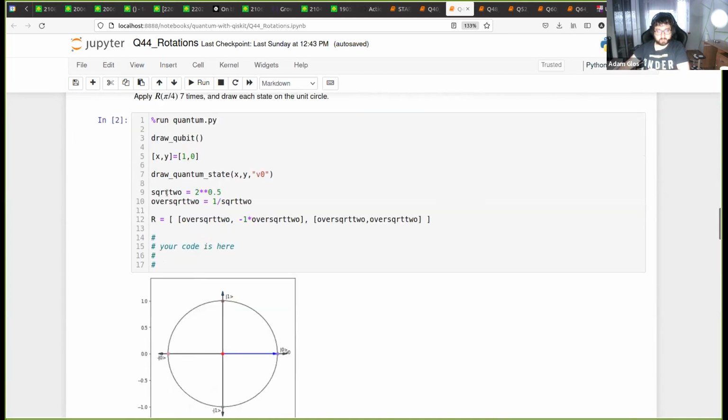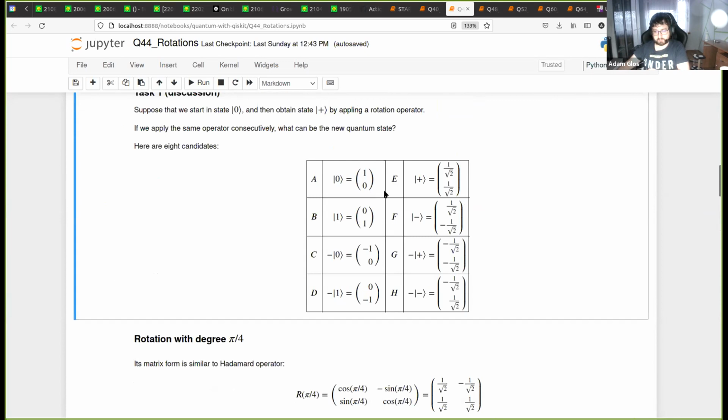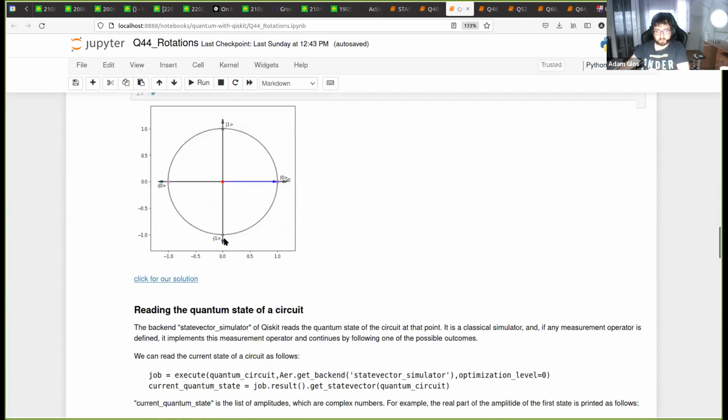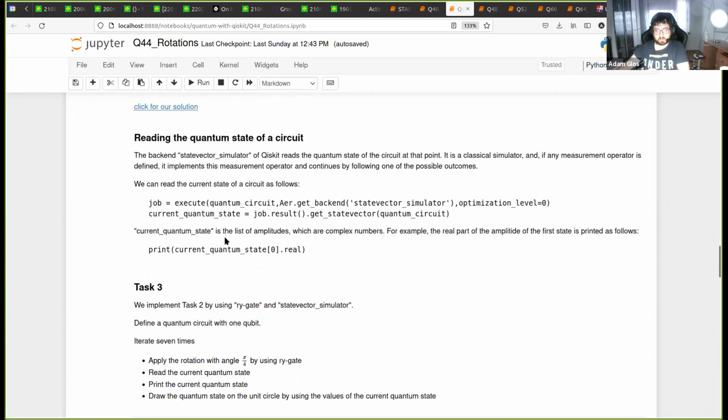So here you will be able to see the effect I told you before, that after several times you will just go back to the original quantum state. And now, an interesting technical remark.